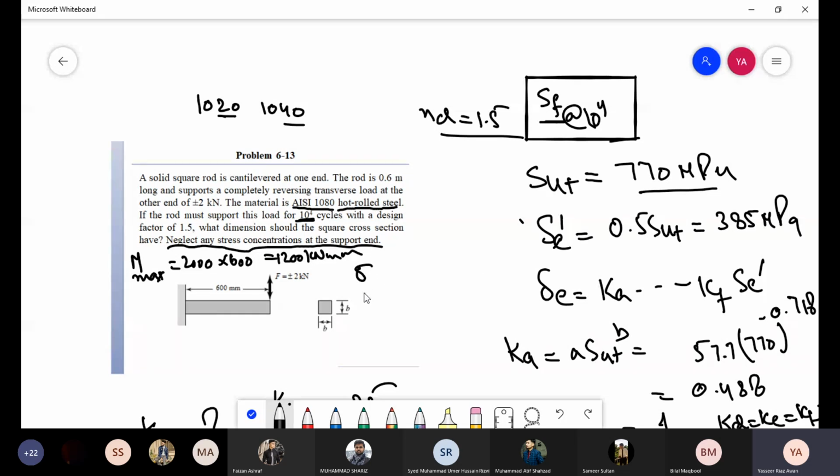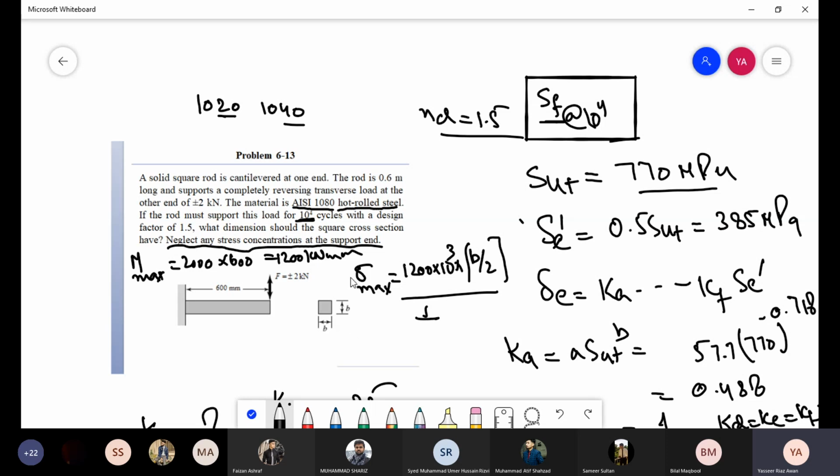Okay. So the maximum stress would be equal to this maximum moment multiplied by the distance from the center to the outer point. So that would be B by 2, and divided by I.